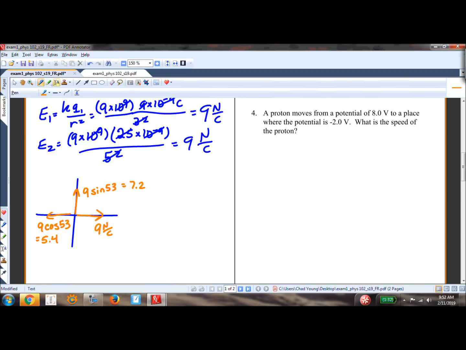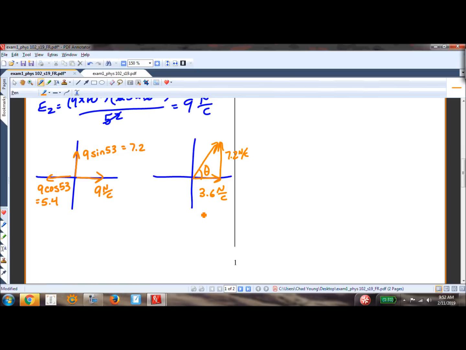Now I combine those two x components, and I get 9 minus 5.4. That's going to be a vector that is 3.6 newtons per coulomb in that direction, and then 7.2 in this direction. What I want to know is the magnitude of that vector, and then this angle theta, and that'll be my answer.